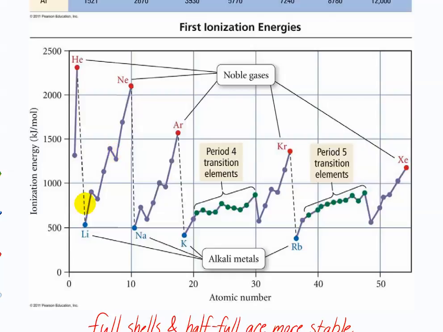That's right. So when you see, let's start at lithium for instance. Lithium, here's the energy, then it goes up to beryllium, and then it goes down to boron. And that's because with lithium and beryllium, we're talking about ionizing 2s electrons, and suddenly at boron, we're talking about ionizing a 2p electron.